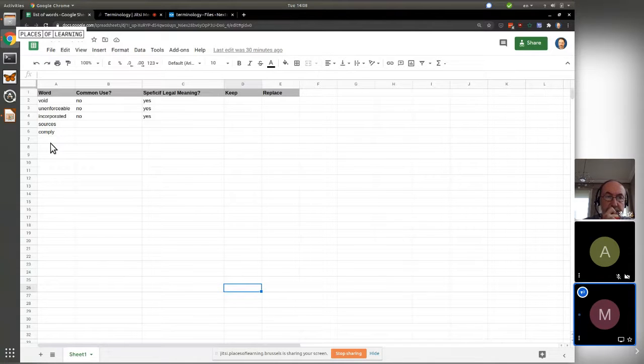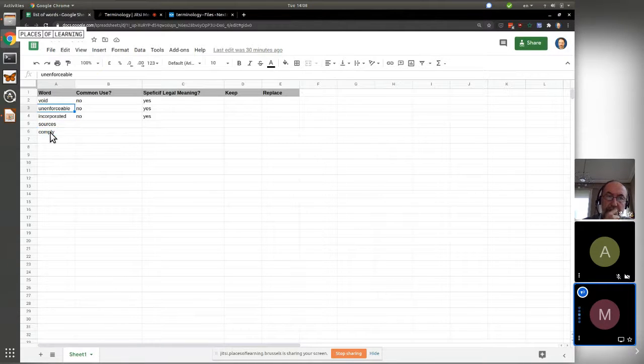We are very methodological here. Every single word that is circled in the document, we put in this table. And then we go through a rigorous analysis of each one of those single words.